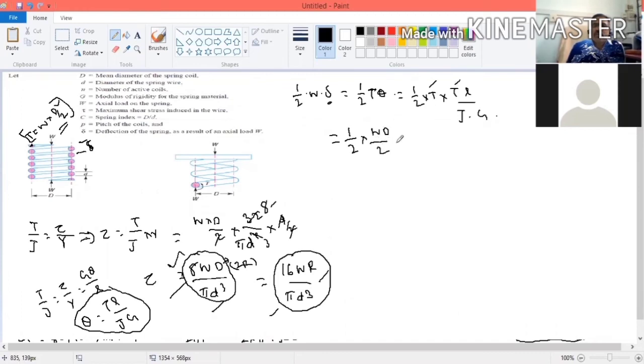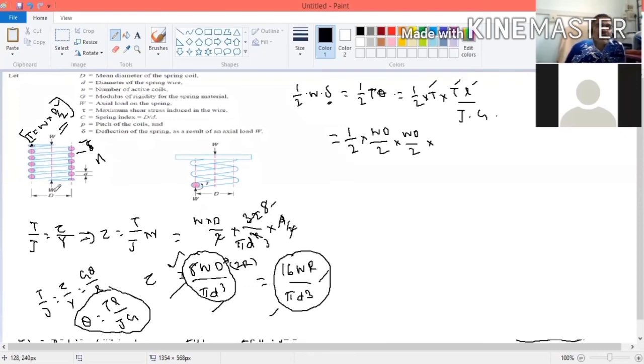Here we have one more term, that is W into D by 2 multiplied by L. What is L? The length of the wire. How to calculate the length of the wire? It has some n turns. You find the length of the wire for 1 turn. That will be pi into d, 2 pi r or pi d.